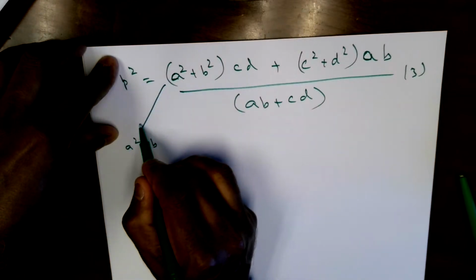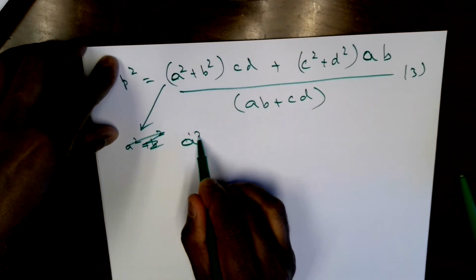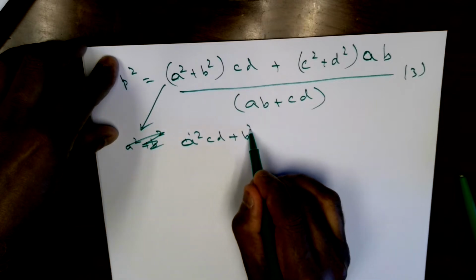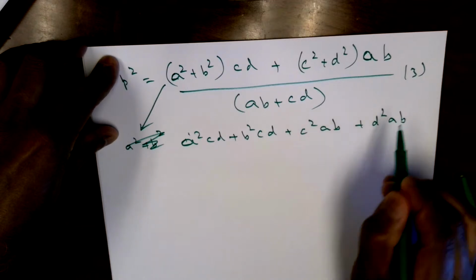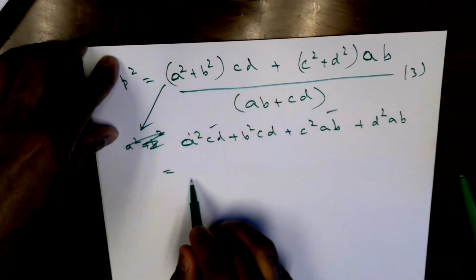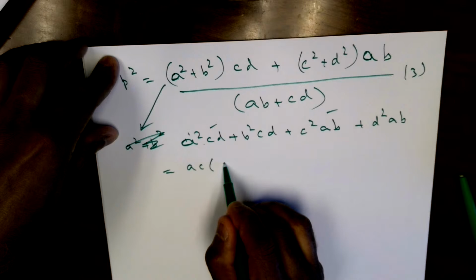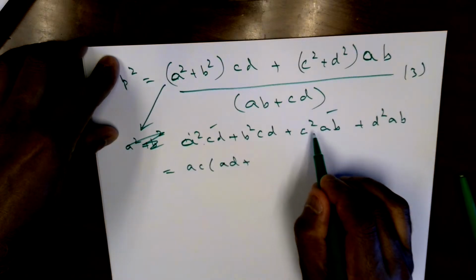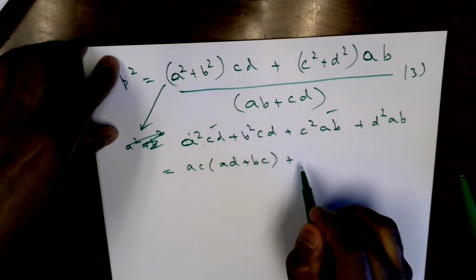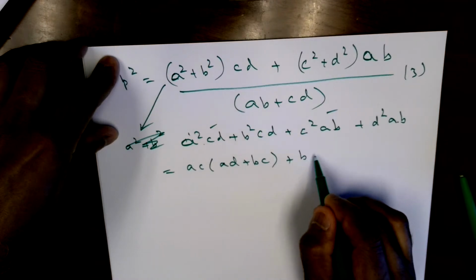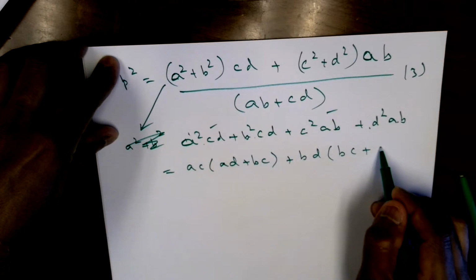Just the numerator, I'm going to expand that. That's A squared CD plus B squared CD plus C squared AB plus D squared AB. If you look at these two terms, AC is common, so then you have AD plus BC. And here BD, then you have BC plus AD.